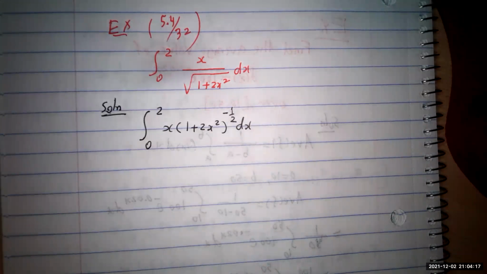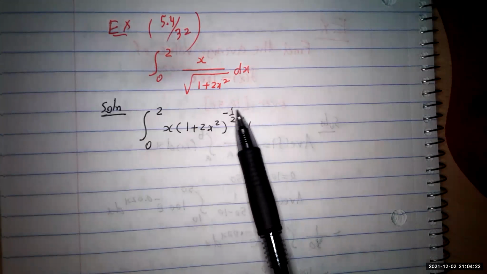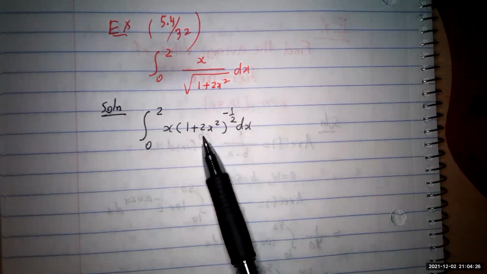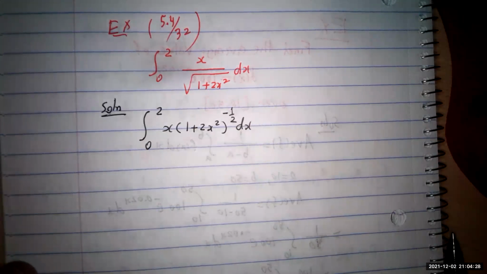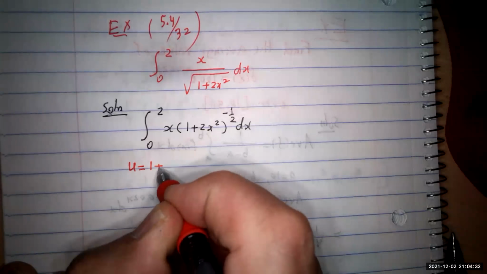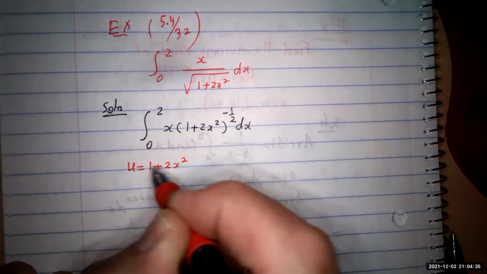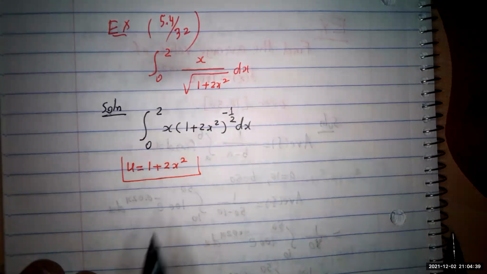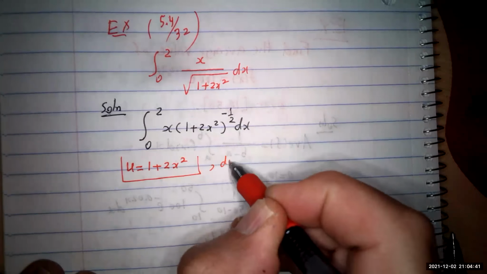And we have to do it by the substitution method because there is a parenthesis raised to something. So as usual, we take the inside of the parenthesis to be u and we are going to operate on it. So u would be 1 plus 2x squared. That is going to be the u. Then we go for the du.